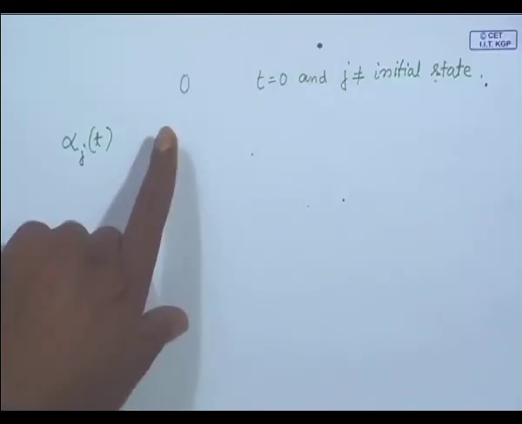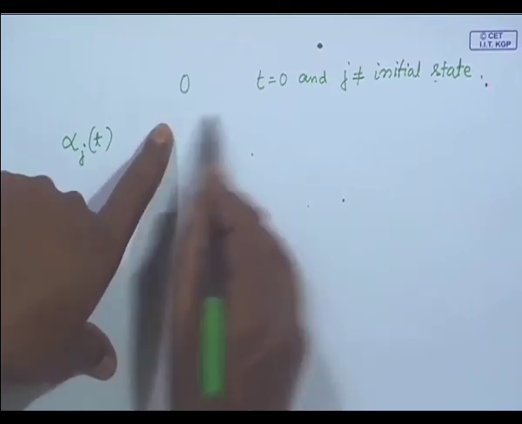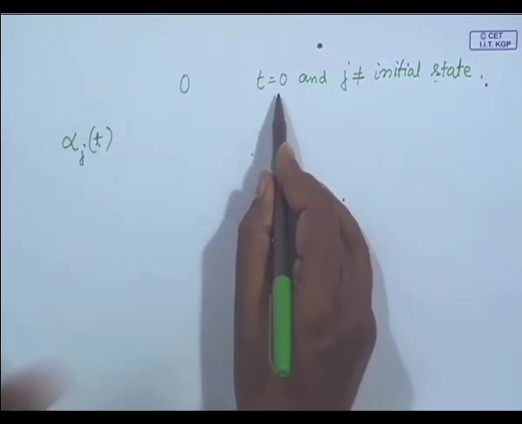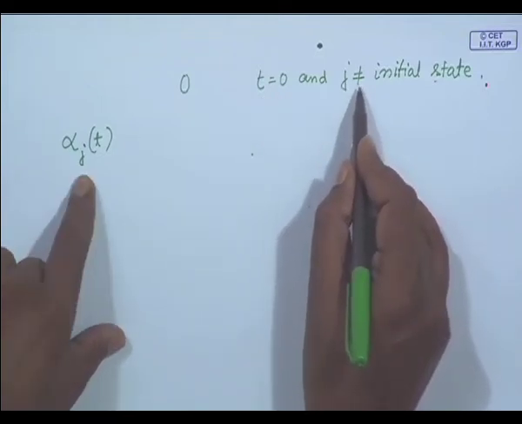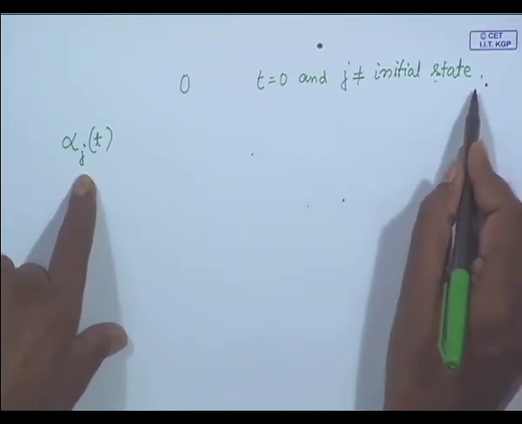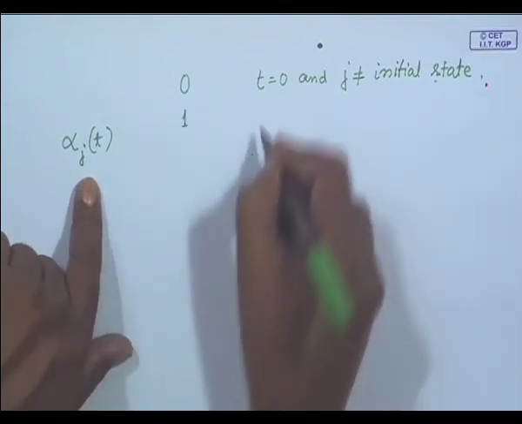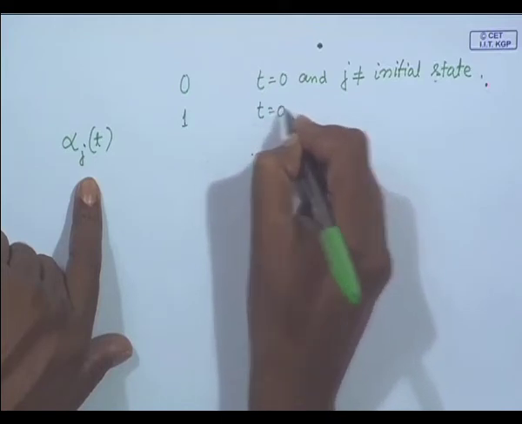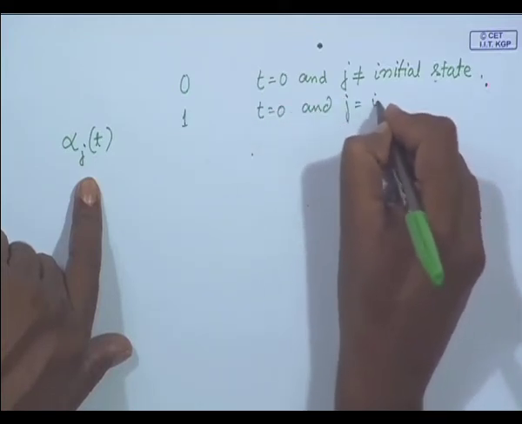So this is as per definition. I said alpha j t is equal to 0 if t equal to 0 and j is not an initial state. If it is an initial state, then this will be equal to 1, that is, t equal to 0 and j is the initial state.